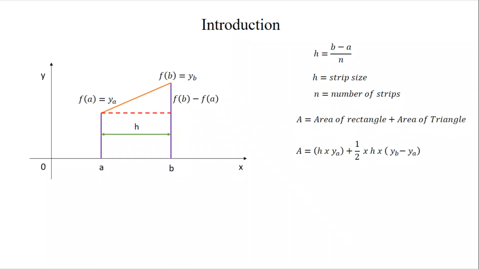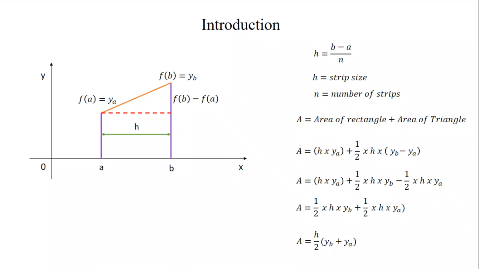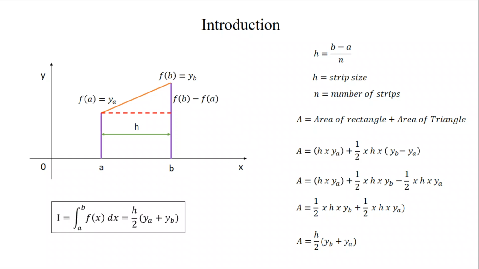Yb minus ya is nothing but fb minus fa. So again simplify it. 1 by 2 h multiplied with yb and ya, and simplify this again. So we'll get 1 by 2 into h into yb plus 1 by 2 h into ya. So again simplify it. We'll get a is equals to h by 2 into yb plus ya. So this is the area of the first strip.